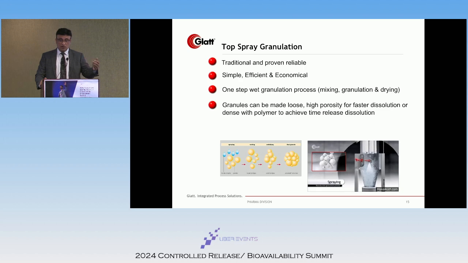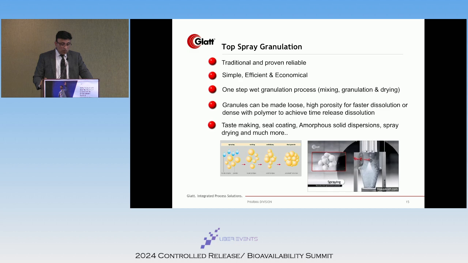If you would like to have taste masking, you can do it. If you would like to have a barrier coating, you can apply that. And if you would like to add a disintegrant or any other excipient, that will go in there and help you deliver the product based on the design that you have.